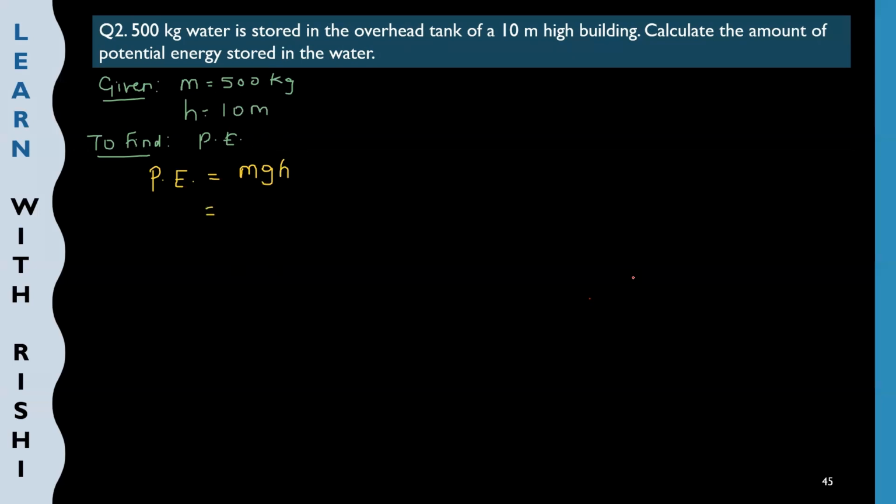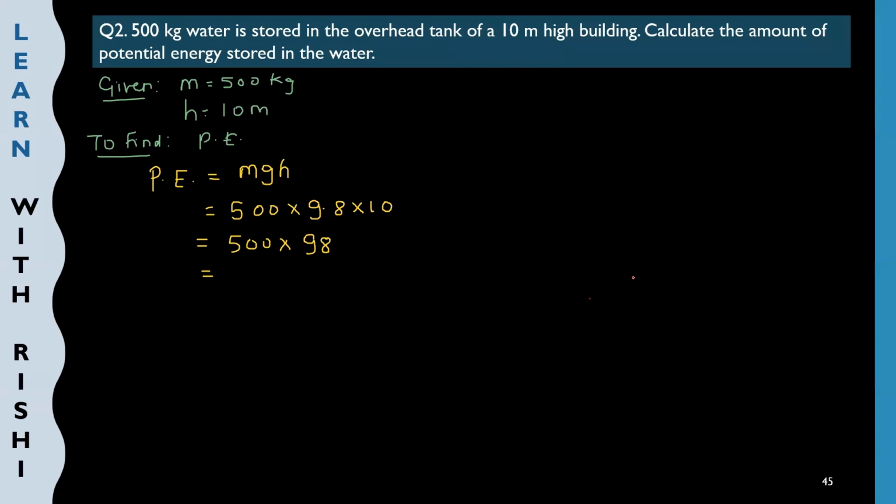So mass is 500. Now the value of g is constant. You can take it as 9.8 into height is 10. The value of g may not be given in the question. You have to remember it. The value of g is 9.8 meter per second square. So after solving this, what will we get? 500 into 9.8 into 10 is 98.